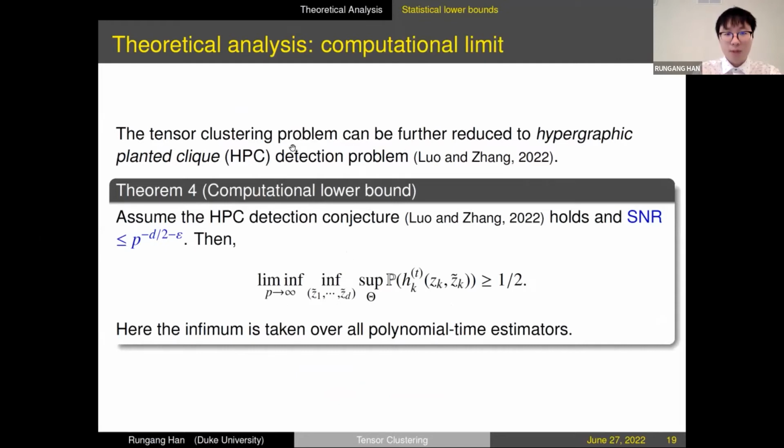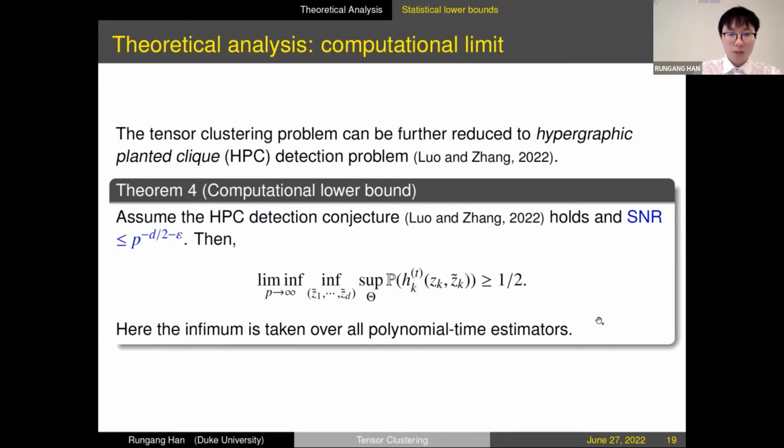Basically, they have established this hypothesis with many strong pieces of evidence, and under this hypothesis, we can develop the following computational lower bound. That is, if their proposed HPC detection conjecture is right, then we can prove that as long as the SNR is smaller than this rate, it's also impossible to achieve exact clustering when we only consider procedures that take polynomial time.